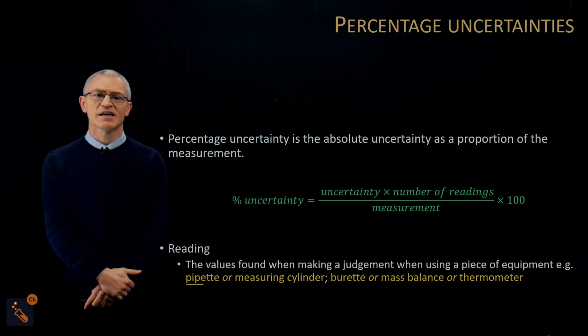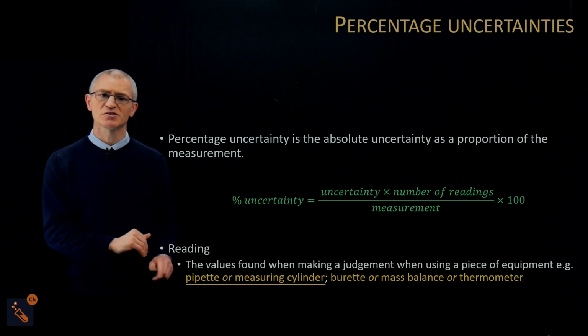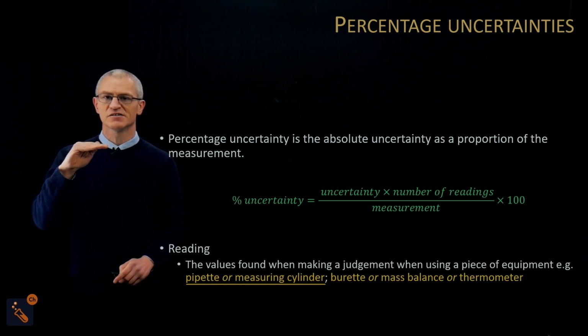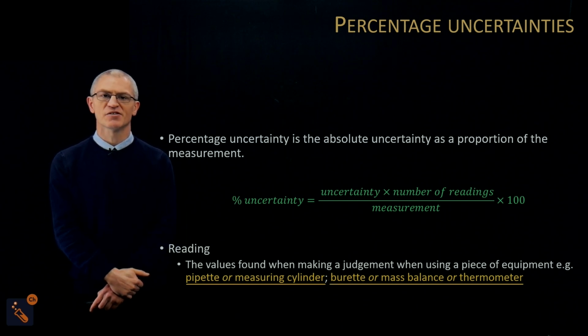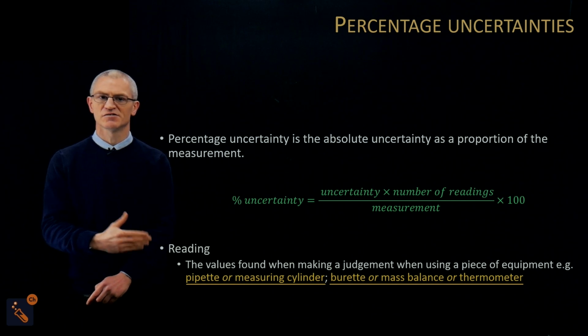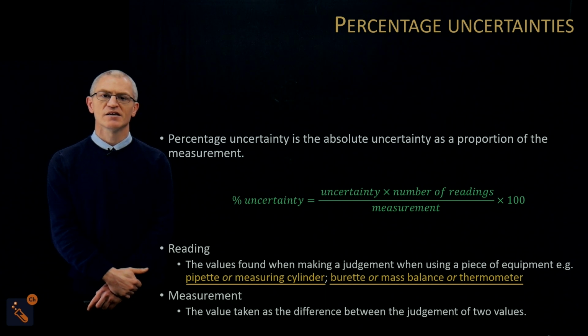Okay. Now that is the same for a measuring cylinder or a pipette. You just look at the level they get to and then you say, right, okay, there's 25, there's 50 centimeters cubed. Now with a burette, a mass balance and a thermometer, you're looking for changes. So you're looking for change in volume in a burette, change in mass for a mass balance, or change in temperature for a thermometer. Now what is the measurement?